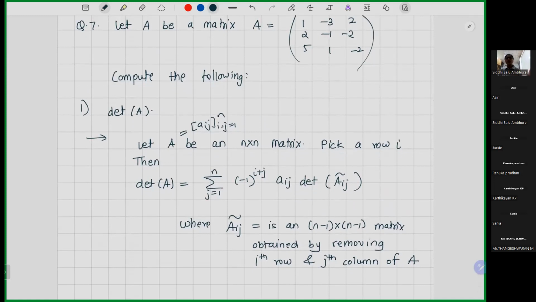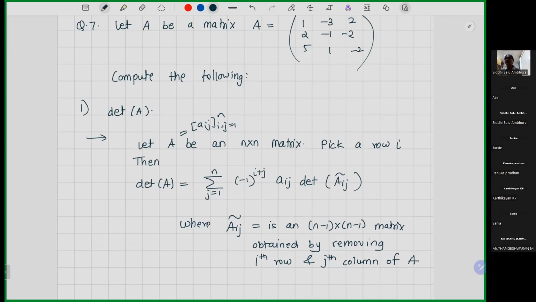What we learned in our 10th or 12th standard to calculate the determinant of a 3 cross 3 matrix was actually calculating the determinant by choosing the row to be 1. What this shows us is that row 1 is not special.